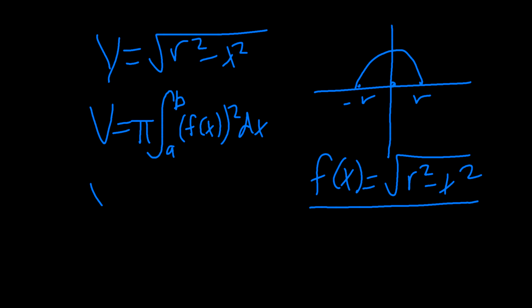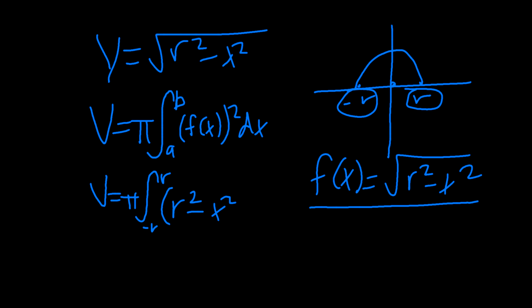Now, I'm just going to solve this by putting all my values into the formula. Our lower bound is negative r and our upper bound is r. Squaring f of x, since it's the square root of r squared minus x squared, when you square that, you will simply get r squared minus x squared dx, meaning with respect to x.